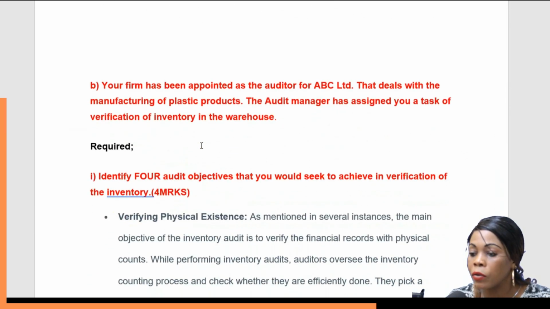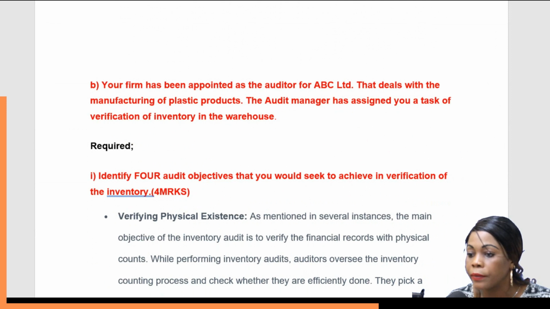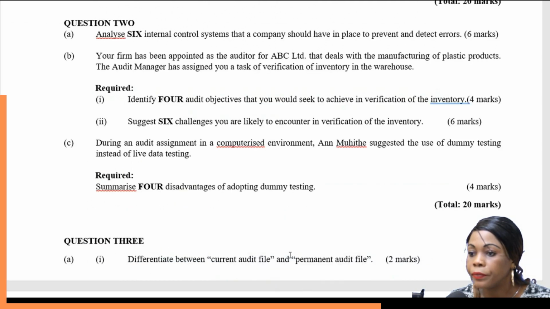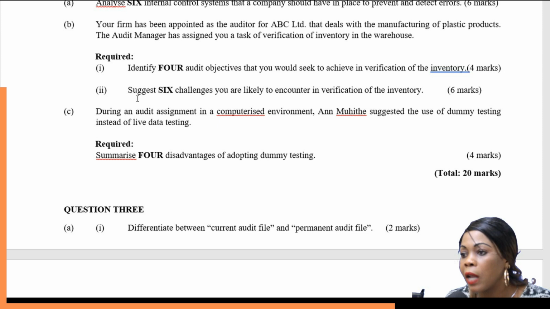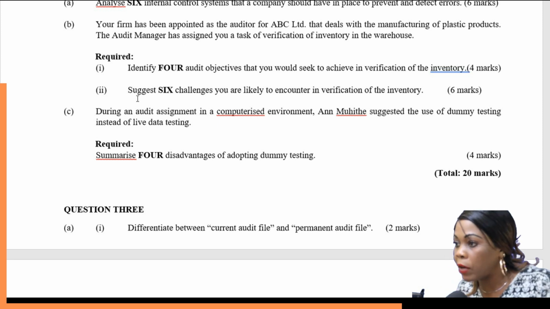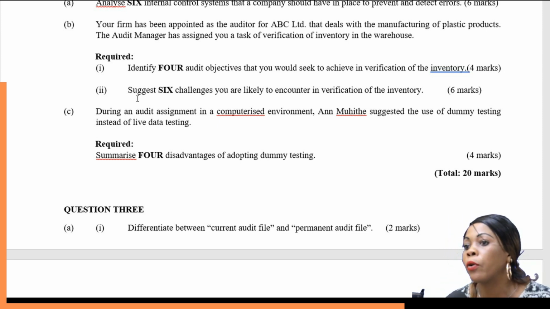We can go to the other question, that is question number 2B. It reads, your firm has been appointed as the auditor for ABC Limited that deals with the manufacturing of plastic products.